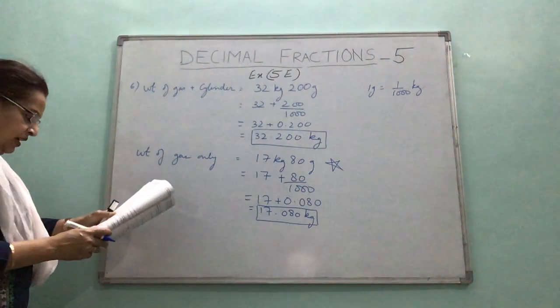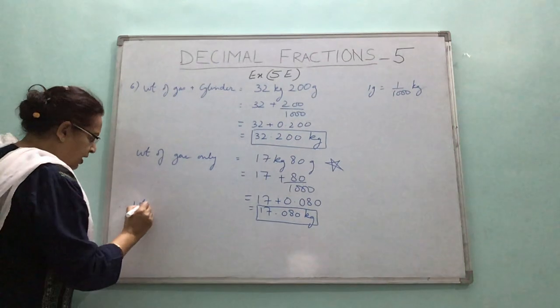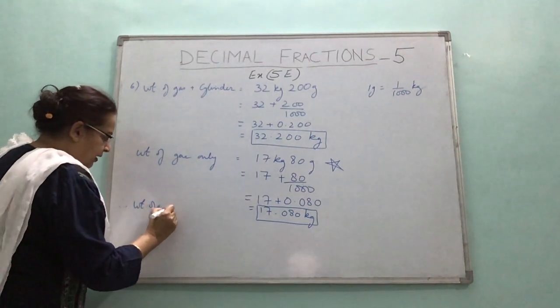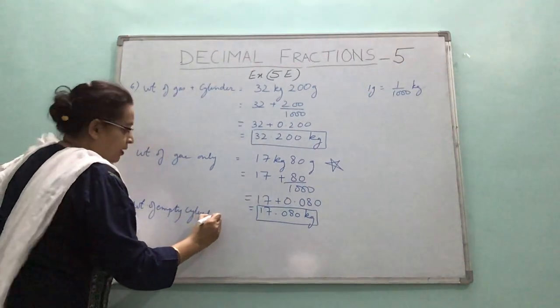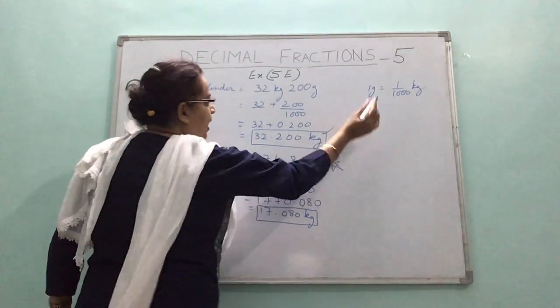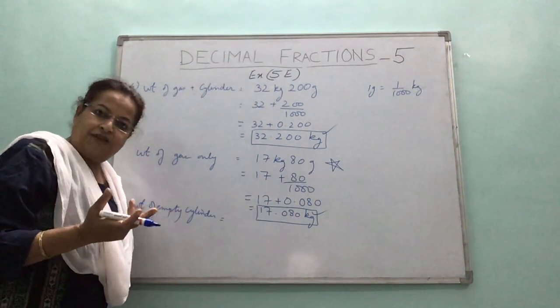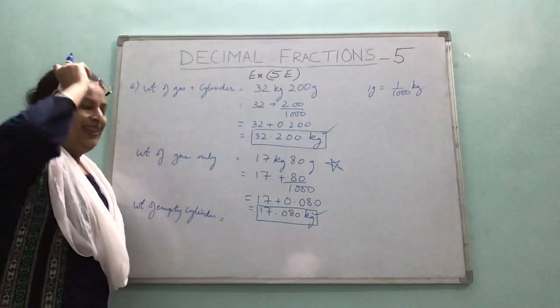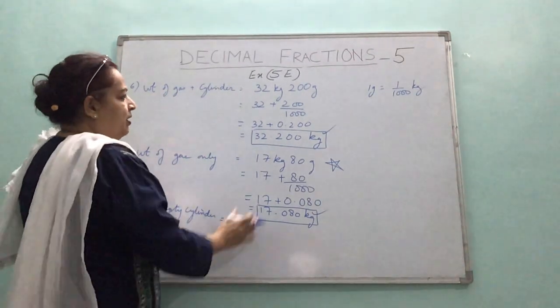Now what we have to find out? Weight of empty cylinder. Therefore, weight of empty cylinder: from the weight of gas plus cylinder, we subtract the weight of gas, we'll get the weight of empty cylinder, right? So now I'll subtract here.